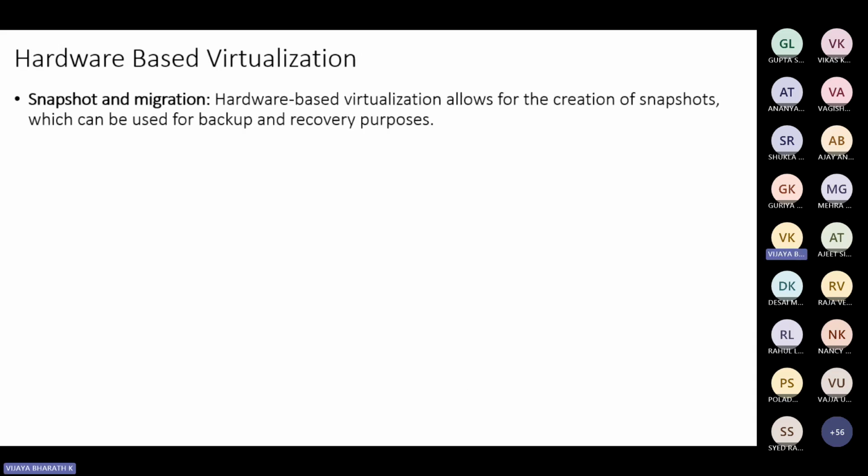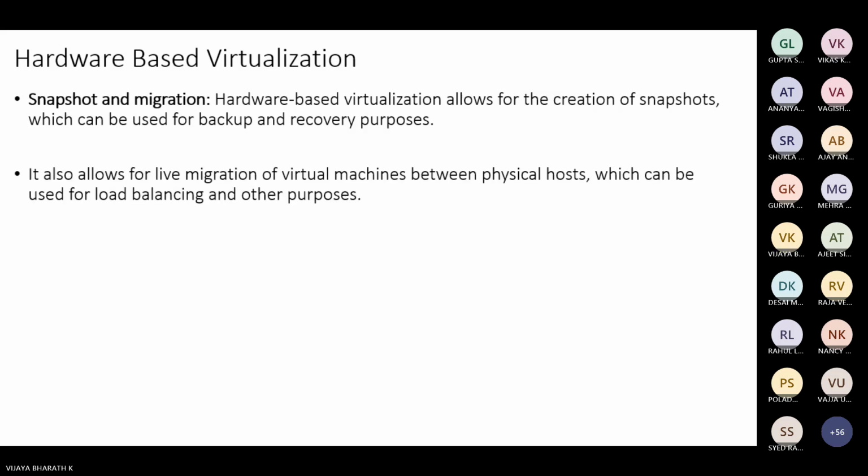We saw in part one, the type one hypervisor, what hardware-based virtualization is. Hardware-based virtualization allows creation of snapshots, which will help us to take backups and later use them for recovery purposes. And it also allows live migration.